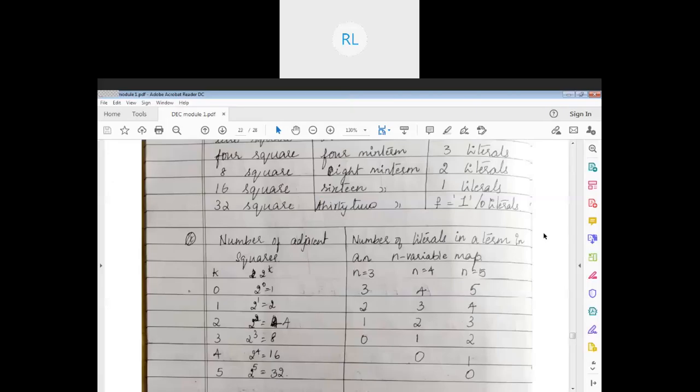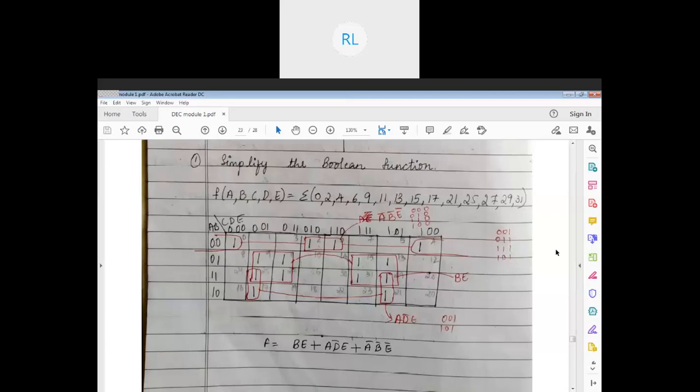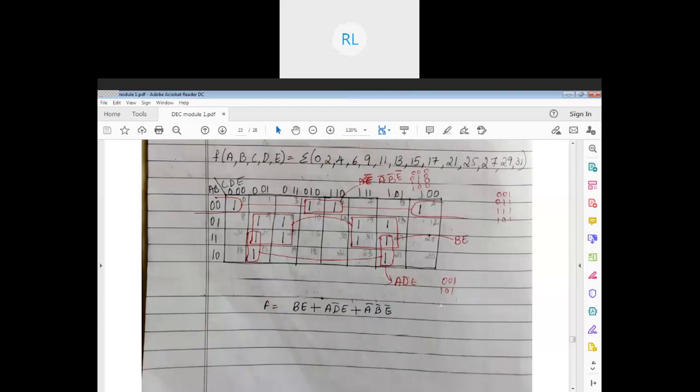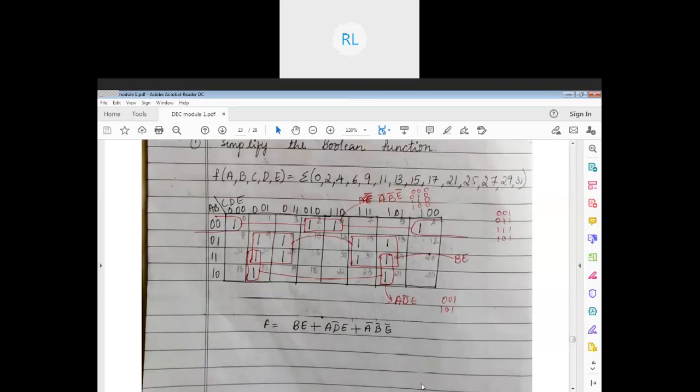So we spoke about the number of literals here, right? Now I think we discussed even this yesterday, students.